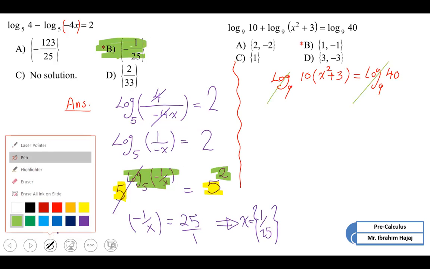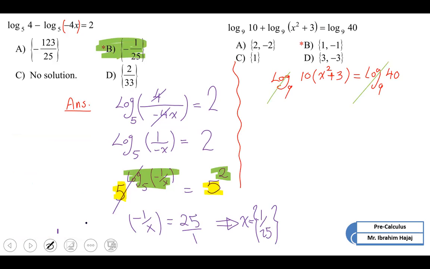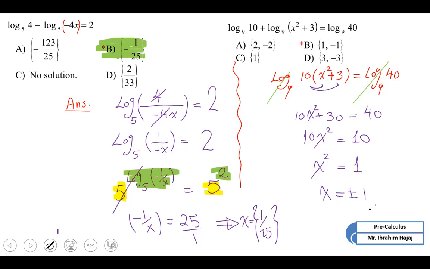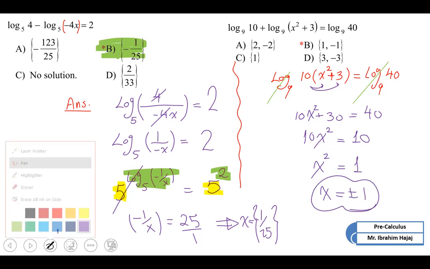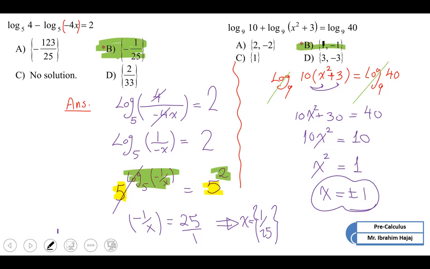So we have 10x squared, distributive property, plus 30 is equal to 40. Subtract 30 from each side, so 10x squared is equal to 10. Dividing each side by 10 gives 1. Now x is equal to positive or negative 1, and your answer here is letter B. Simple and easy until now.